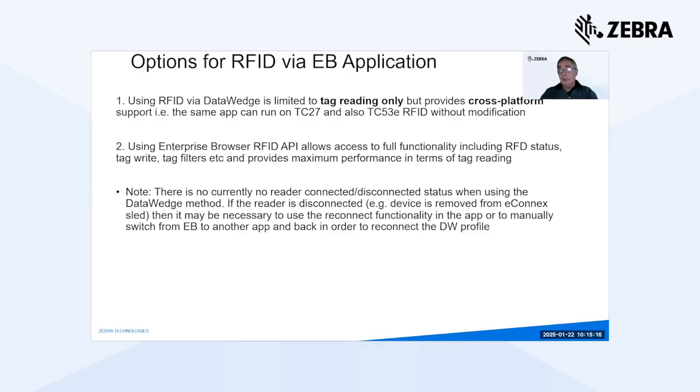So in that case, it's necessary to reinitialize the DataWedge profile in order to reconnect to the reader. And we're going to look at a couple of ways to do that when we do the demonstration.